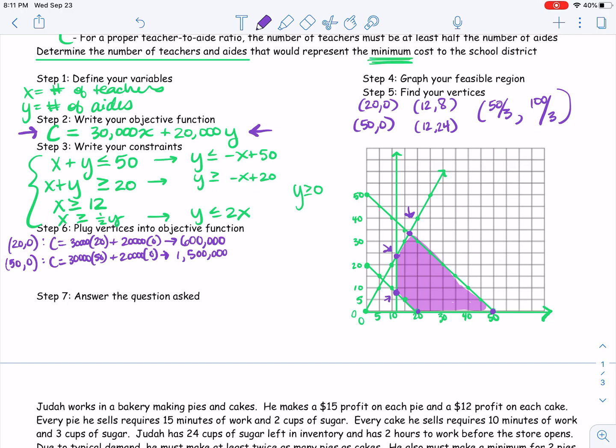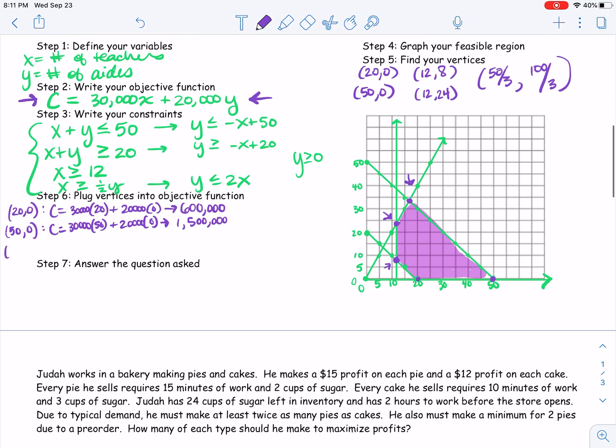Then I go to the next one, 12 comma 8. Cost $30,000 for 12 teachers, $20,000 for 8 aides. Okay, I plug that in my calculator. I get $520,000 for the district. I keep going.